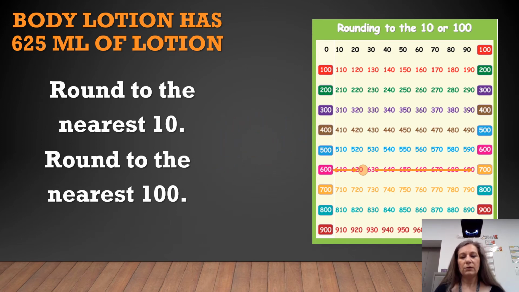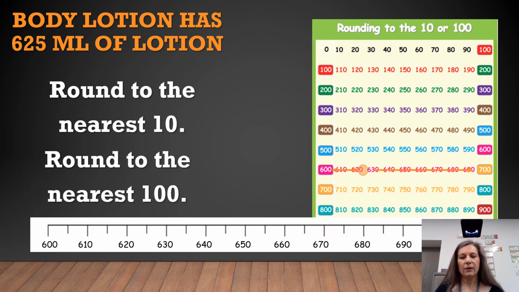We could also use our number line to determine where those tens and hundreds are rounding to. So if we look at our number line and we plot our point, 625, we can see that it's going to fall between 620 and 630, just like we said on the number chart.